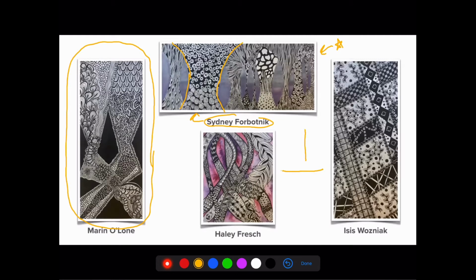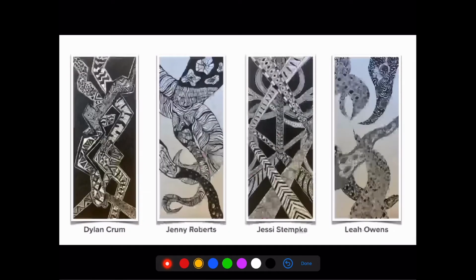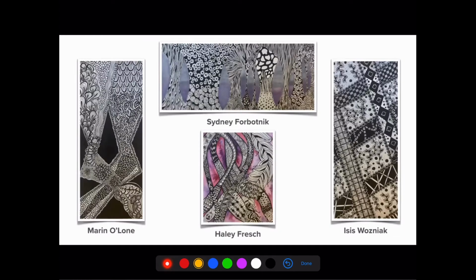You know, just having 2 lines that vary in width and overlap can create this beautiful, very serene look of movement. The last point I want to make is that all of these leading lines are filling up the pages. Notice how there is very little space left in between the leading lines.